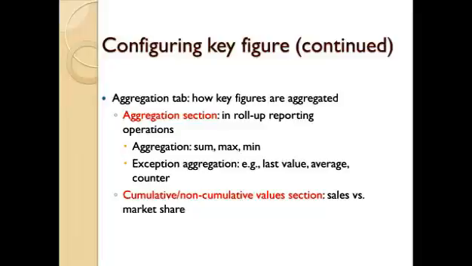So in that particular example, the aggregation is probably better defined as the last value as opposed to the regular sum. So for standard aggregation, we can have sum, maximum, minimum, and so on. We have different choices, but in most cases, sum is probably the one that we will use. And similarly, with exception aggregation, we can choose last value, average, or counter, and so on. But the example that I just gave you will use last value.